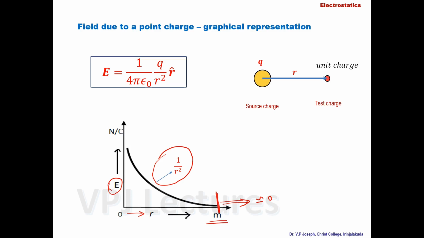And coming to small values of R, we can see that as R tends to 0, since the R square term is in the denominator, the value of the electric field becomes very large, and that portion is not shown in this particular graph. Anyway, this graph is proportional to 1 by R square, that is, it decreases inversely proportional to R square.